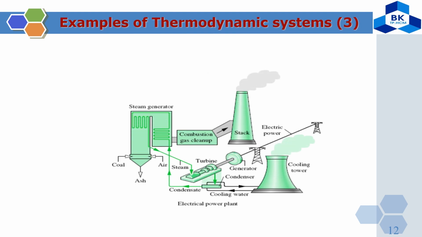Next one. For example, the power station, or we call it the electrical power plant. In this case, we burn coal to provide heat, or to be exact, the coal will heat the water inside the generator, or we call it the steam generator, to provide steam.